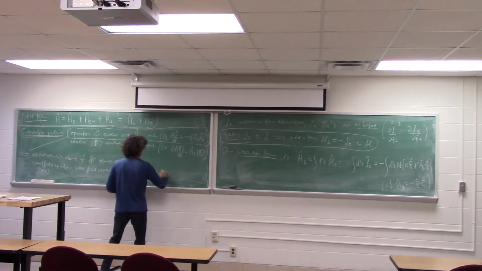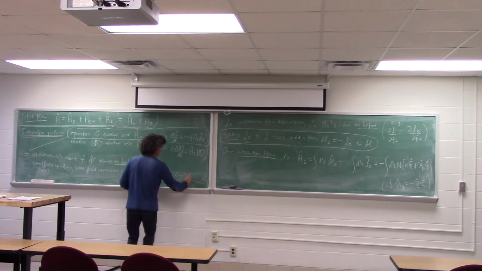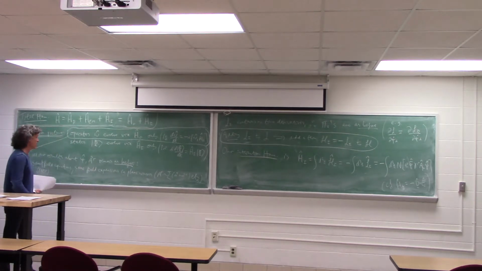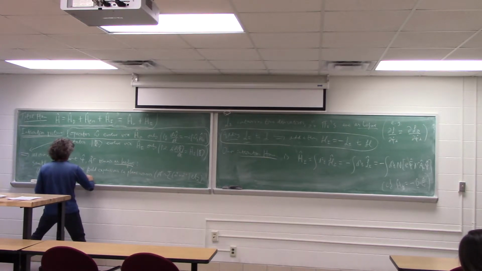A mu is the sum of A plus A dagger, etc. All of that is exactly the same as before, plus the same commutation relations.